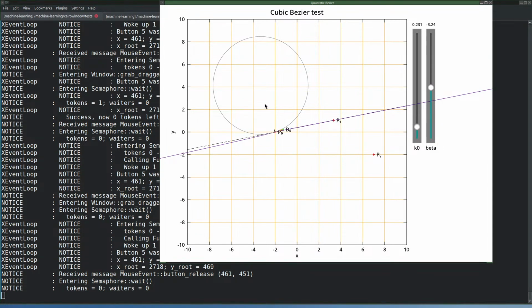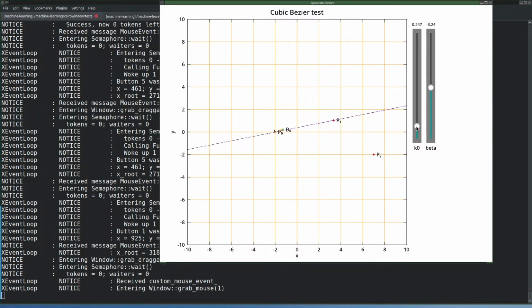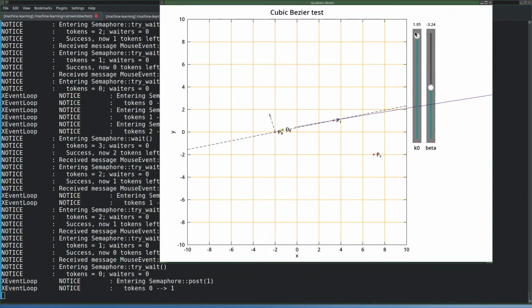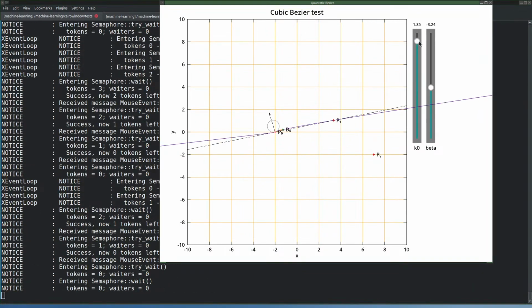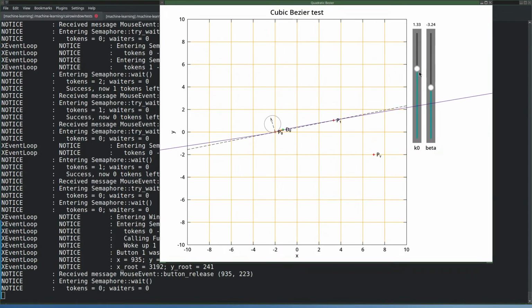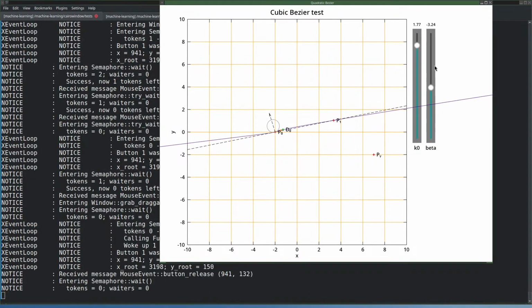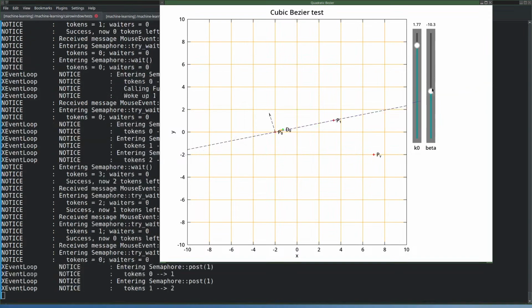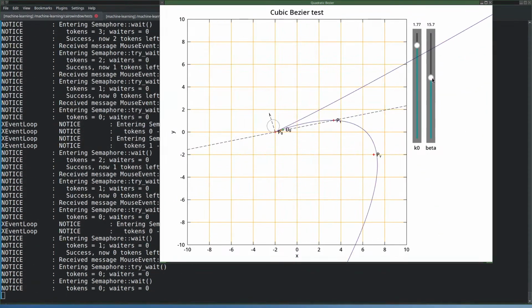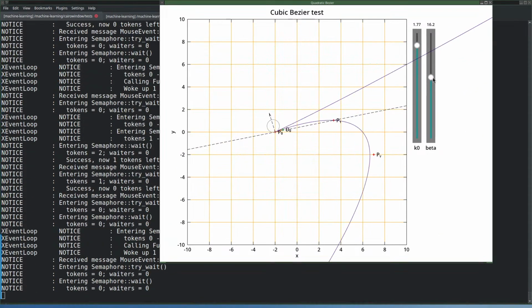I feel like quitting for today. Kind of disappointed with this outcome, man. And the next step would be to have the beta adjust automatically, such that the curve goes through P gamma.